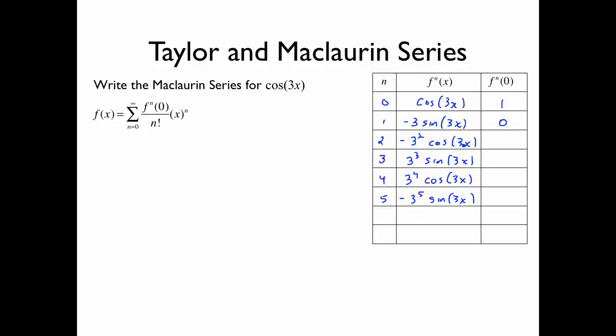Negative 3 squared cosine of 0, negative 3 squared. 3 cubed, sine of 0, 0. 3 to the 4th, cosine of 0, positive 3 to the 4th. Negative 3 to the 5th, sine of 0, 0. We'll do one more. It'd be negative 3 to the 6th, cosine of 3x will give us negative 3 to the 6th.